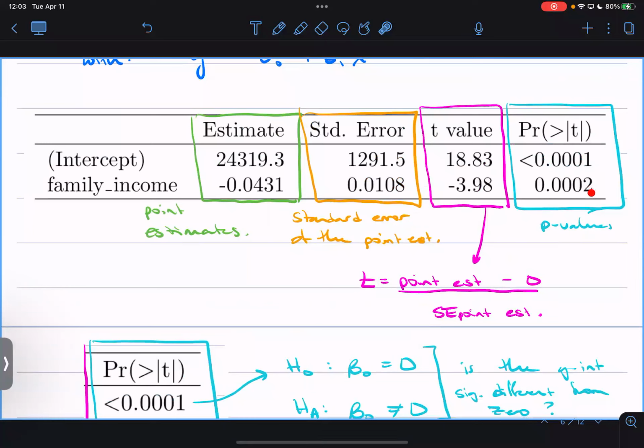And so kind of fun, just like the other output questions we've seen, the ANOVA, right? If we have the p-value, all we really need to know is what the null and alternative hypotheses are, then we can just kind of go for it, right? And so here, with a p-value of 0.0002, that is less than 0.05, so the slope is significantly different from 0, right? And we're always doing a two-sided test, because why not?